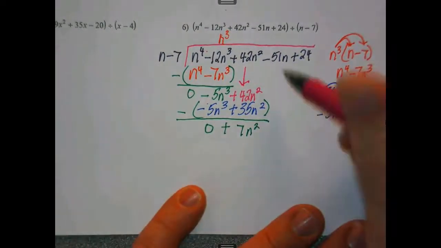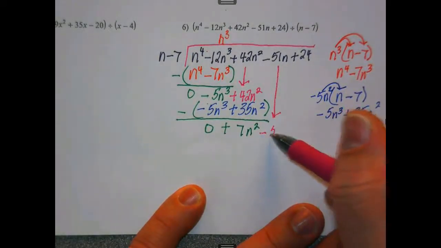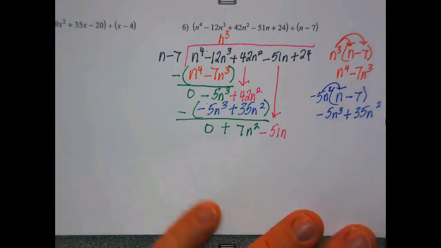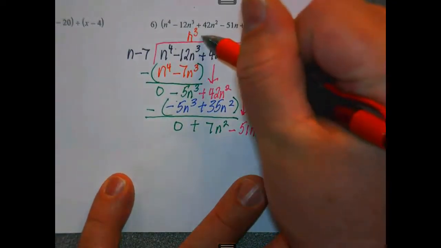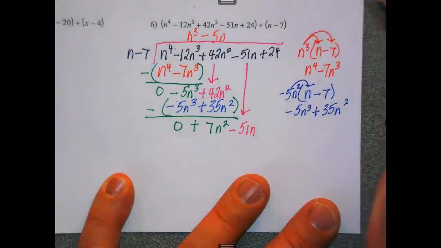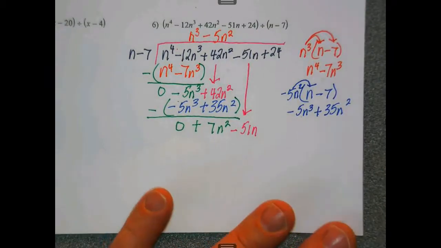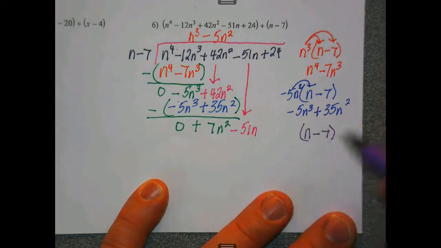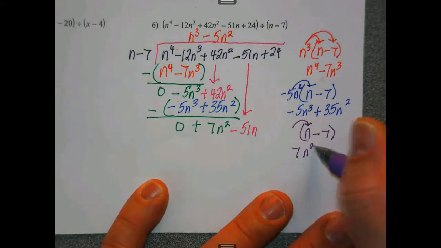Told you this one was going to be long. Bring down the next term, minus 51n. Oh, I forgot to put the negative 5n squared, right? All right. So I need to take n minus 7. I need to multiply that n by something to get 7n squared.